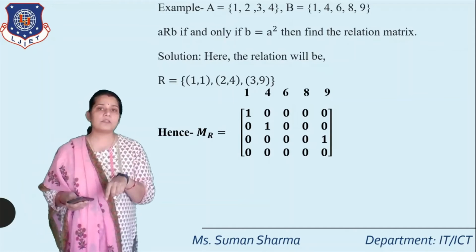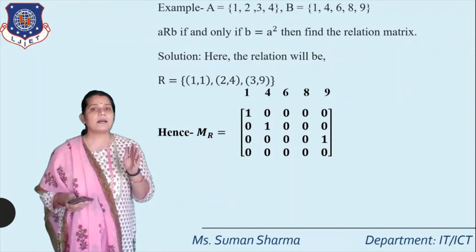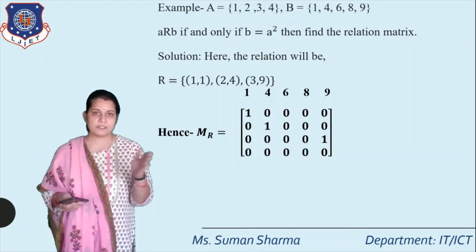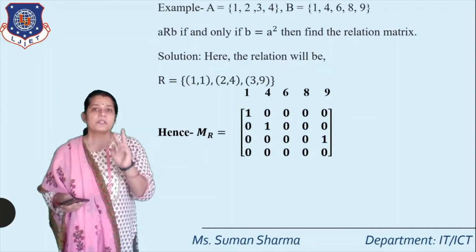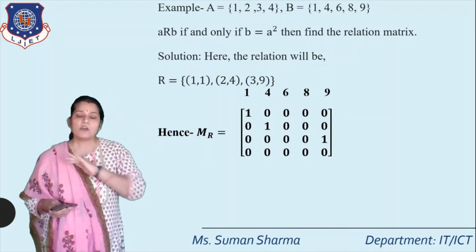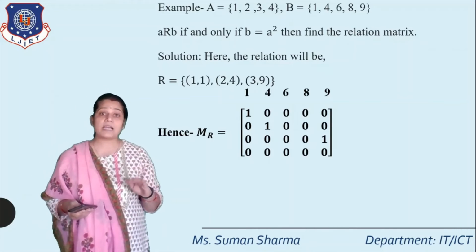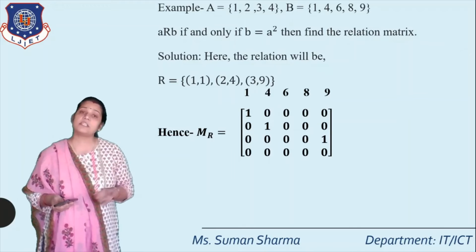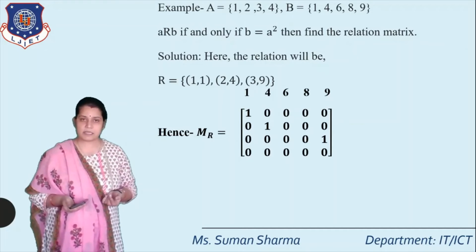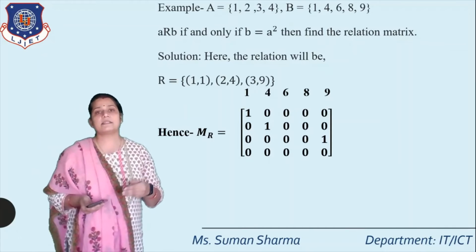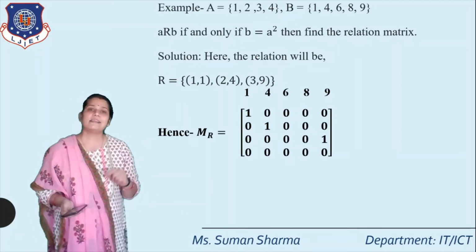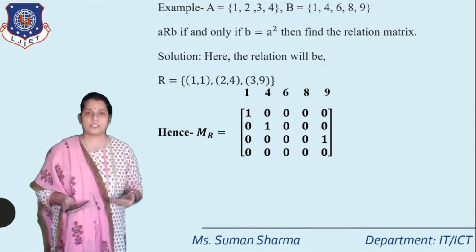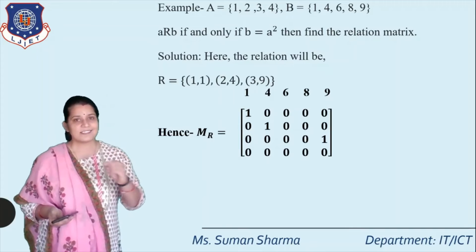According to 2, 4 you write 1. According to 3, that means row 3 of set A and 9 of set B, so for 3, 9 you write 1. At other places you write 0, because according to the relation matrix, if ai is related to bj you write 1, and if ai is not related to bj, you write 0.